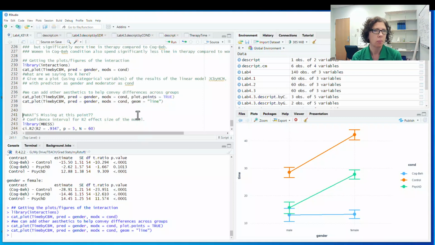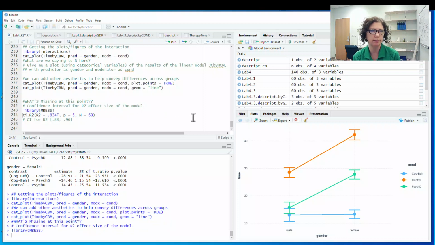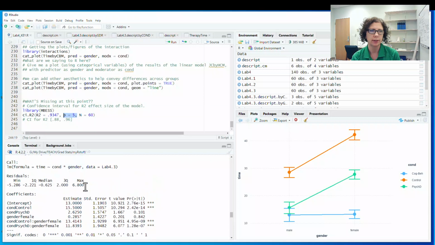Okay, so what is missing at this point? We still need our confidence interval for the R² effect size of the model. And in RStudio, we just run mbes and go get our R² from the model results. And we have 5 predictors. Scroll back up to one of these.